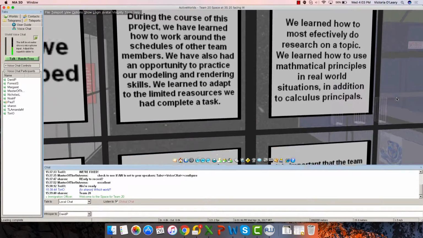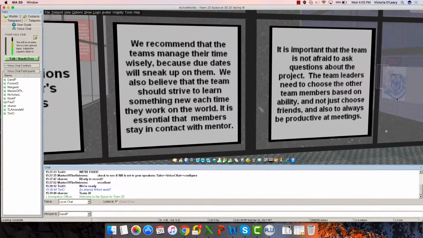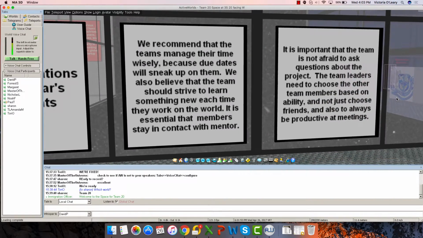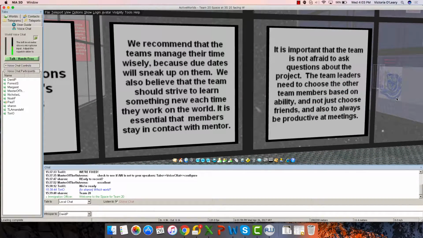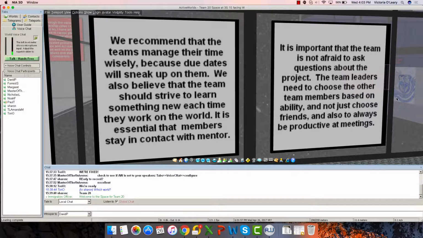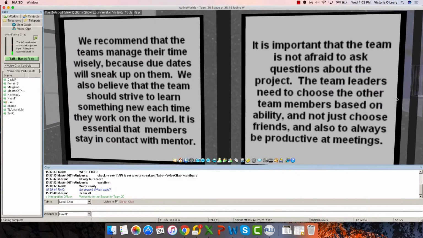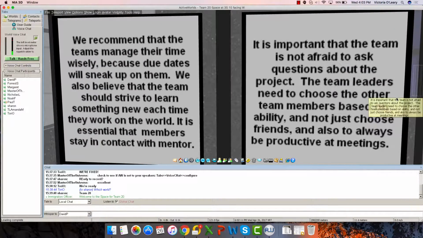Recommendations we have for any participants next year would be to manage their time wisely, because often enough we would be working on something that would be due on the very last day we were going to be able to work on it, and we didn't orchestrate any times we could work on the project outside of school, which we definitely could have done better.